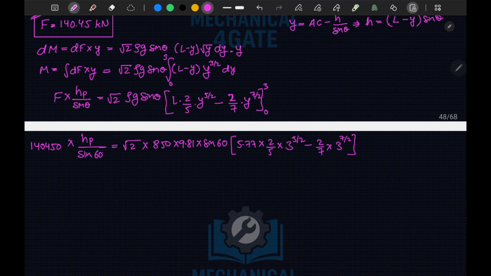So let's solve this first: 5.77 into 2 divided by 5 into 3 to the power 2.5, minus 2 divided by 7 into 3 to the power 3.5, into root 2 into 850 into 9.81 into sine 60, into sine 60 again, divided by 140,450.